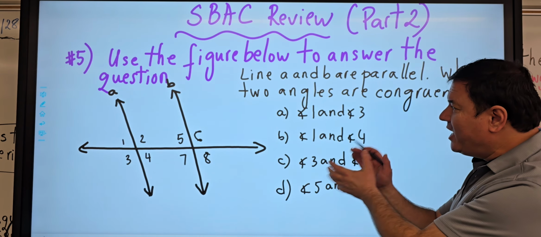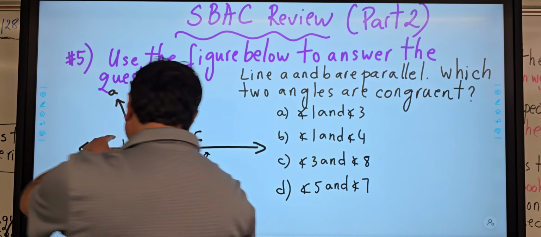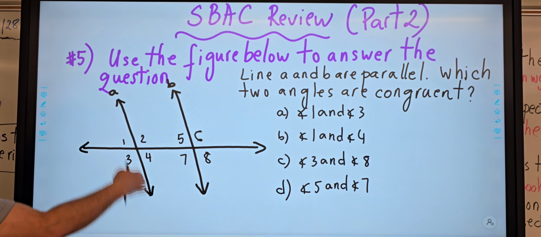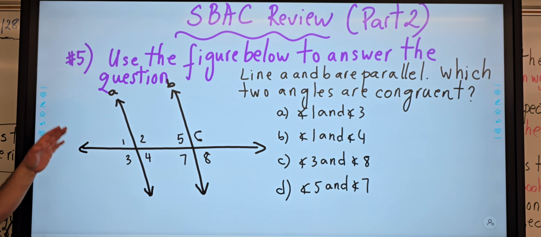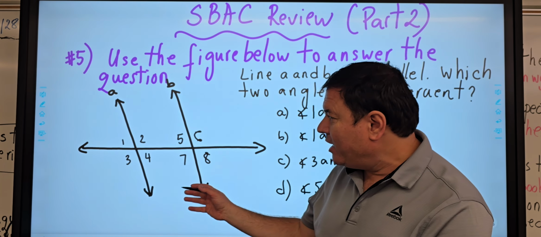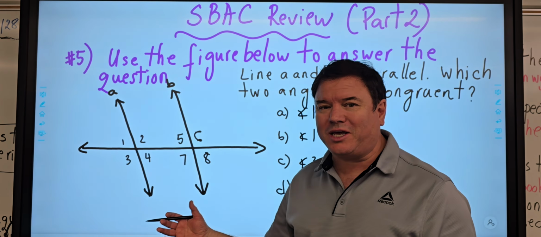Let's take a look at A here. We have angle 1 and angle 3. Since this line was angled this way, we see even as a visual that angle 1 is smaller than angle 3. Angle 1 is an acute angle, and angle 3 is an obtuse angle.